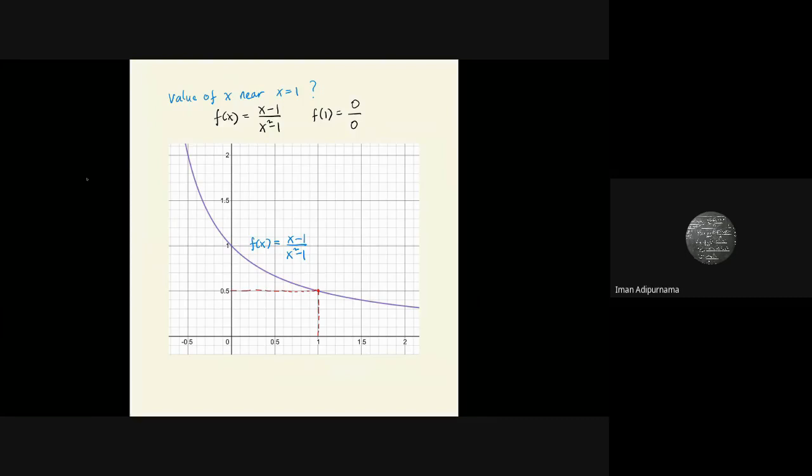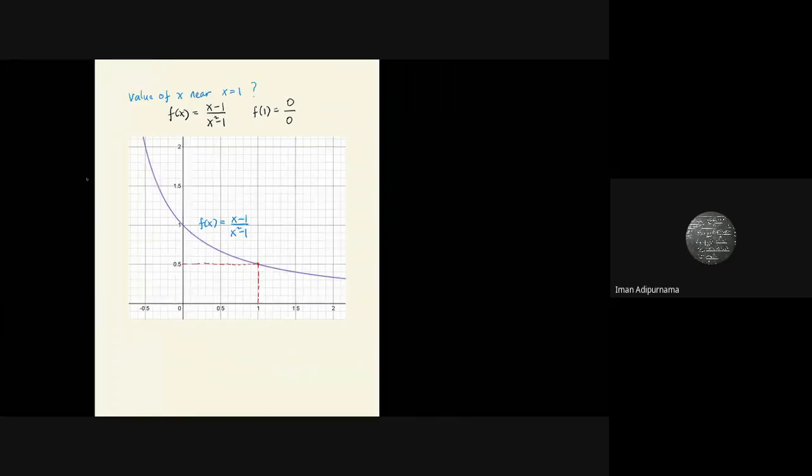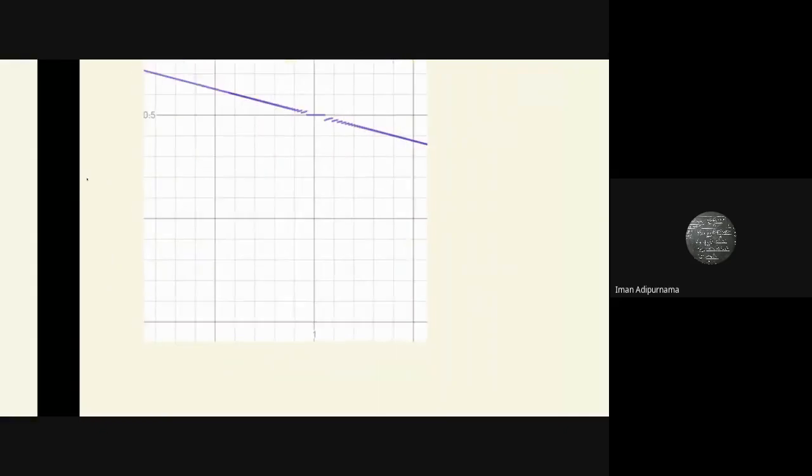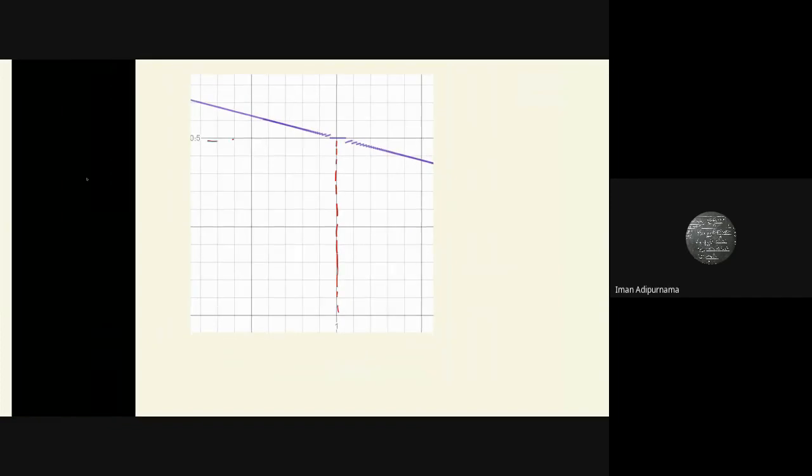I'm trying using GeoGebra. Why is that happening? If you zoom in on the website or this GeoGebra calculator, actually, they are using real scale, so 1 point is exactly 1 point. So when you zoom in, here's what happens. It's actually discontinuous here.